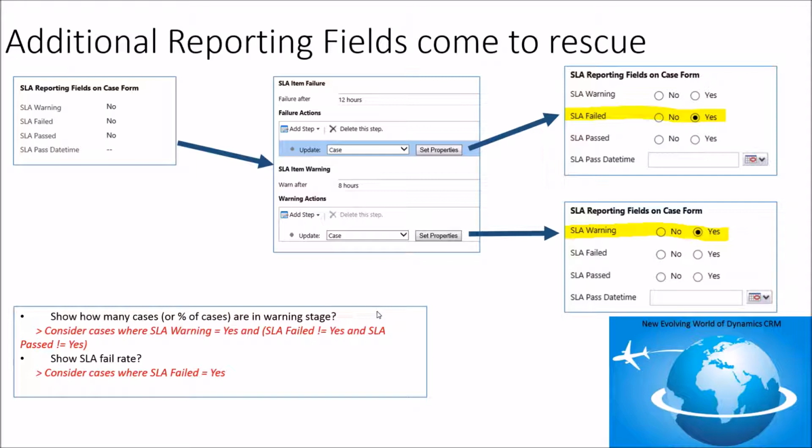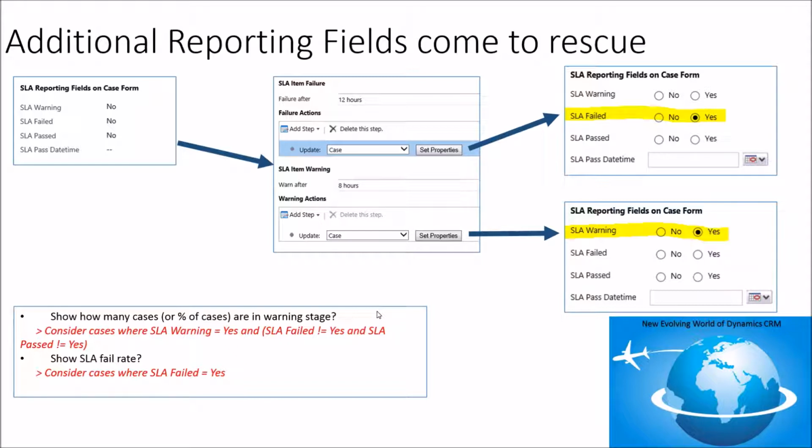There is no success action as of now in Dynamics CRM 2013 SP1. Again, I am mentioning this version here because in that version it is not available, but it is available in the later version, and I'll talk about that in a minute. In fact, I'm planning a specific session on changes in SLA in Dynamics CRM 2015 sometime very soon.